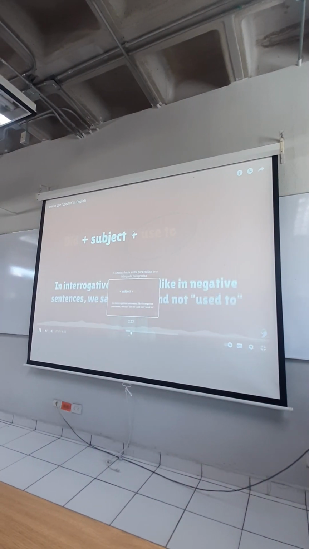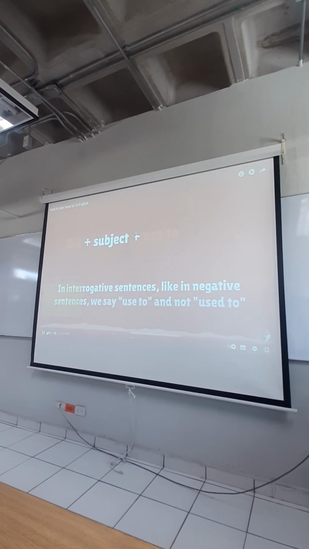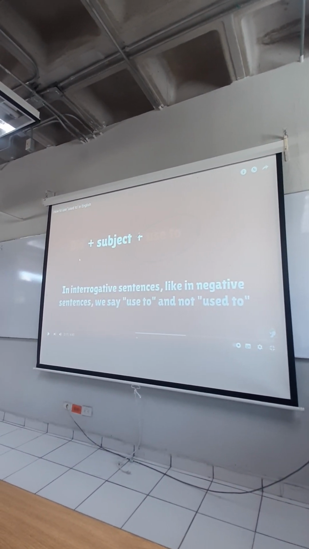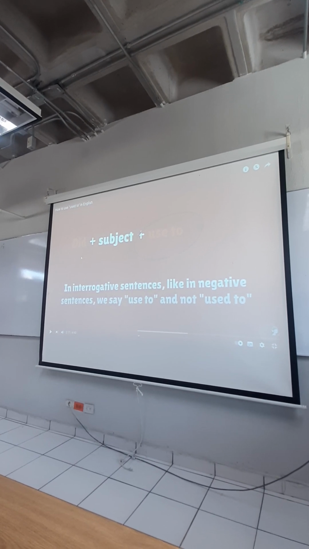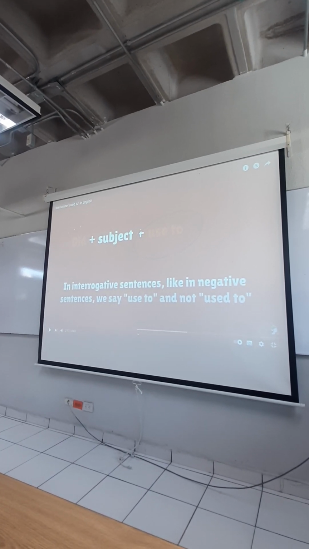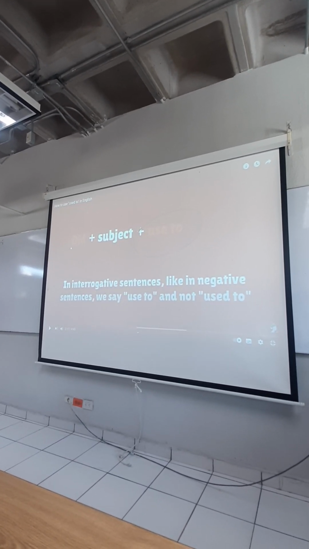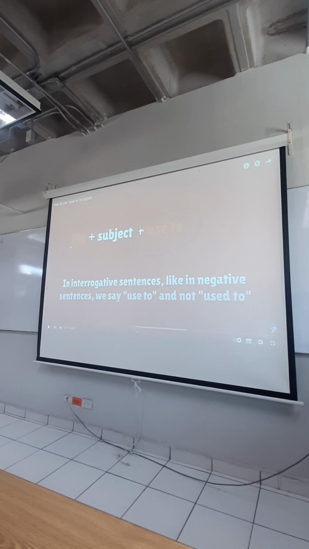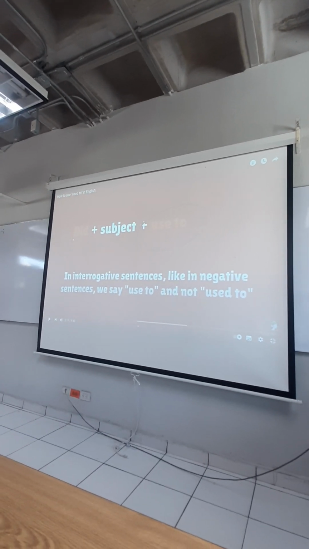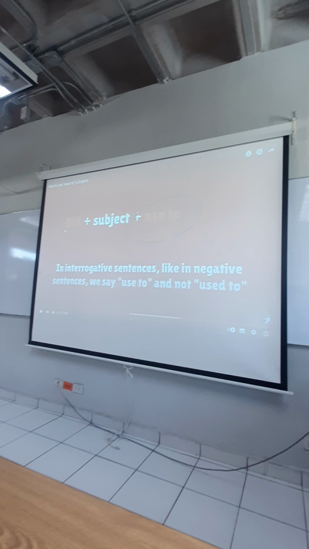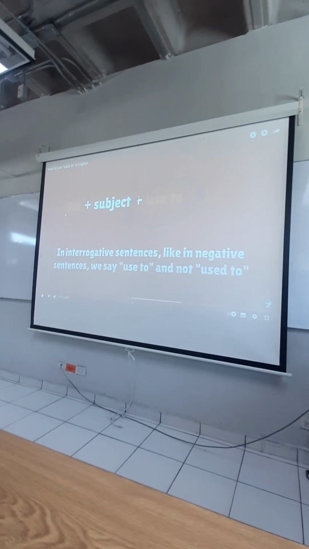Questions. This is how we form a question, the interrogative. We already saw how to form a question in the past. We use the verb did, ¿ya? Con cualquier otro verbo regular o irregular, la forma del interrogativo es la misma, usamos el verbo did. Did in negative, did in interrogative.